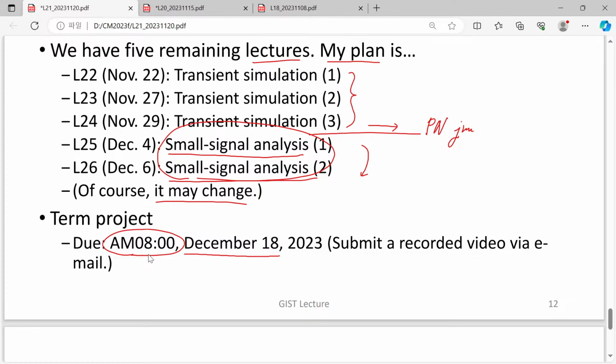Since this is so important, if you fail to submit a recorded video by this deadline, then you will get an immediate failure of your class. Even though you have successfully done many homeworks, that is directly related to your immediate failure. So please concentrate on the term project, and it is important.